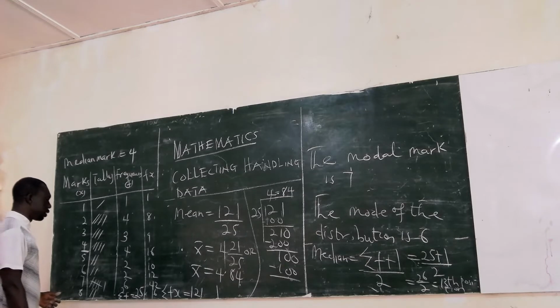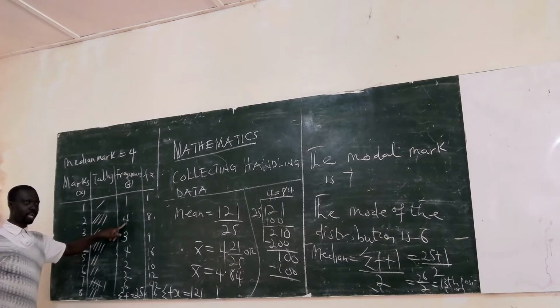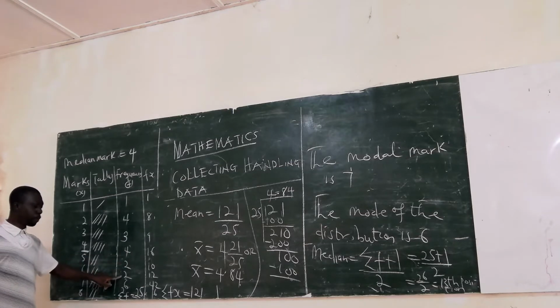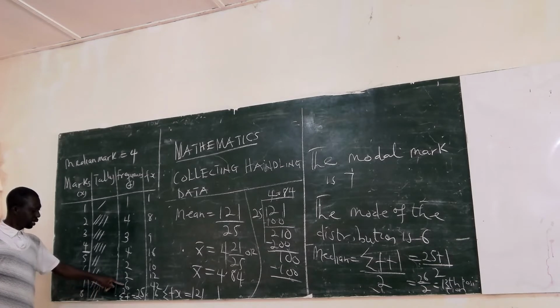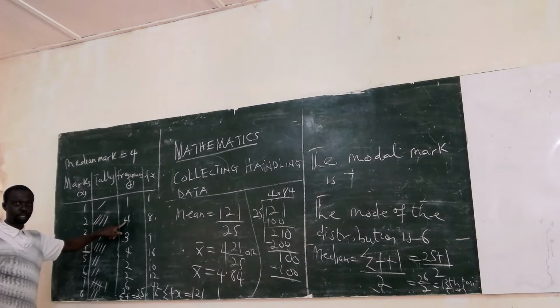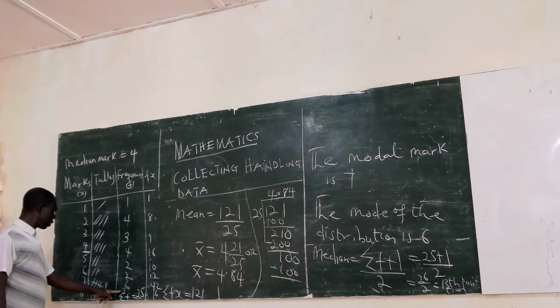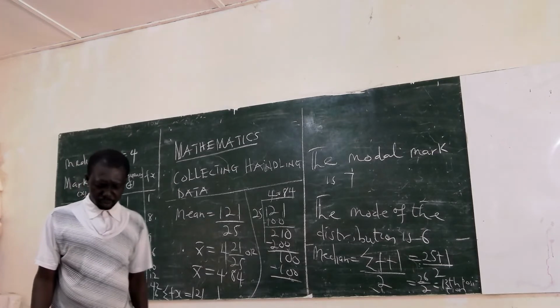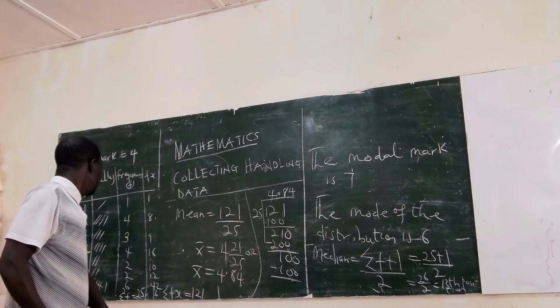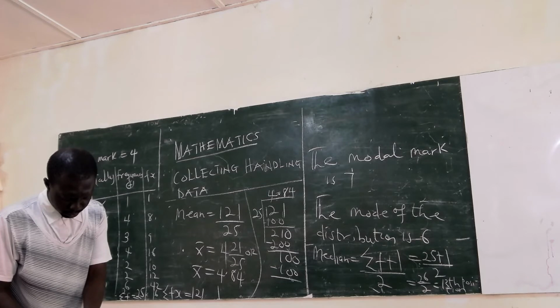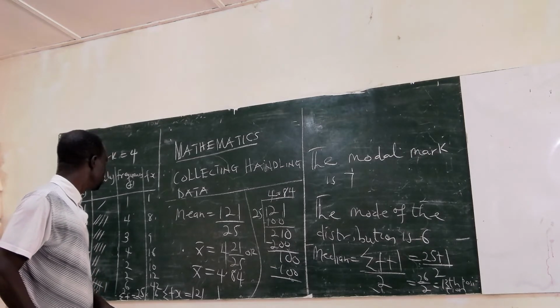After I finish the table, they ask you to find the total frequency. You sum up: 1 plus 4 is 5, 5 plus 3 is 8, 8 plus 4 is 12, 12 plus 2 gives 14, 14 plus 2 is 16. Then we made a mistake in the 7 column.